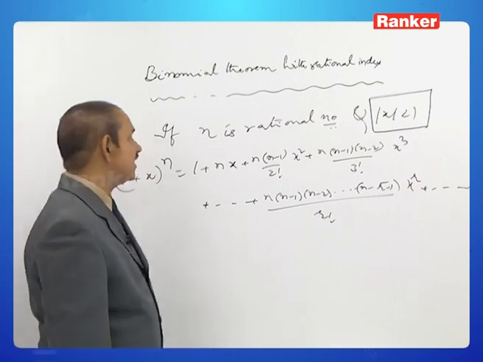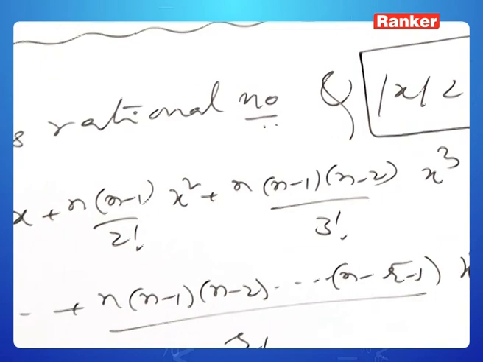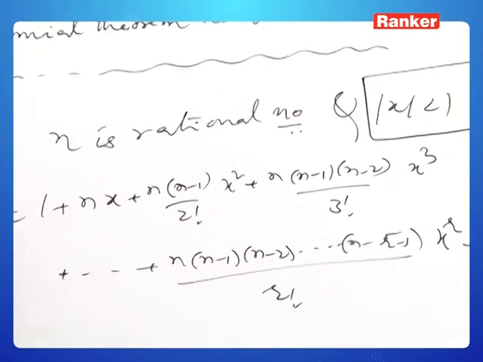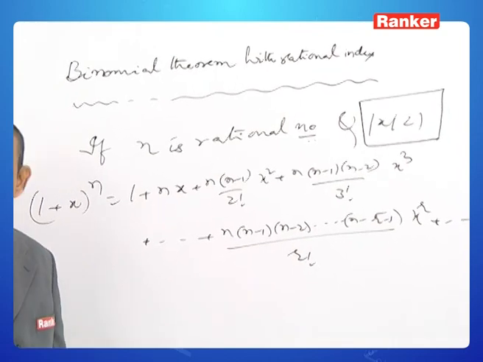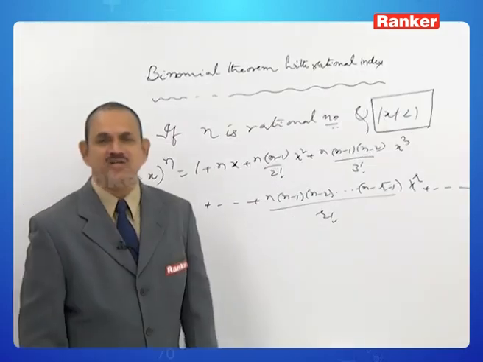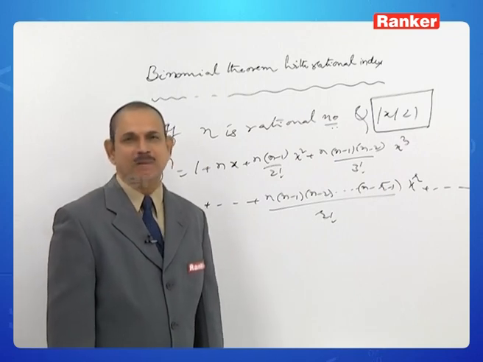We shall now study the different aspects, rather different models of problems on this expansion. Out of them, the very first aspect we have to look at is the validity of expansions.